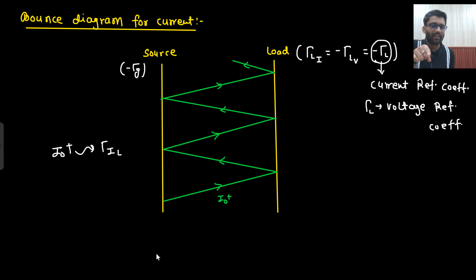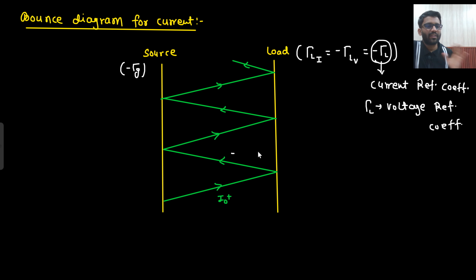It will be reflected back. What is the magnitude of I naught minus? I naught minus was the current reflection coefficient into I naught plus, at the load. But I am not writing my expression in terms of gamma I. I am writing it in terms of gamma V only. So I need to put a negative sign. I hope it is clear why the negative sign came.